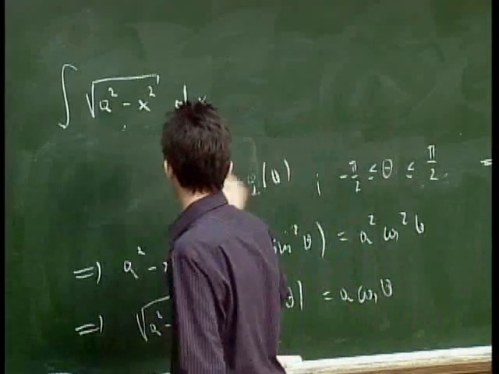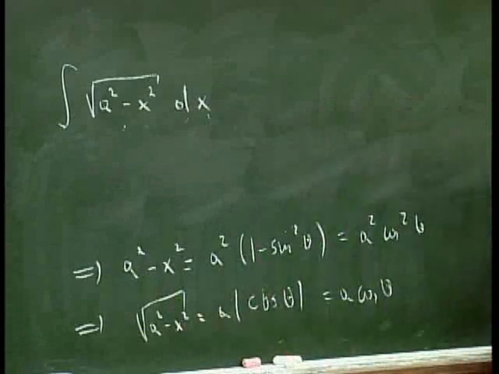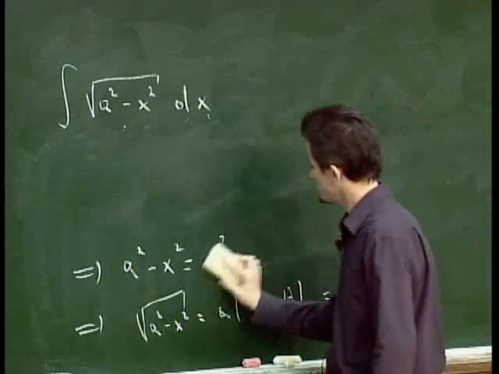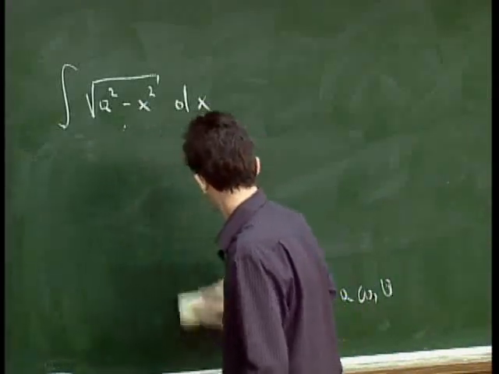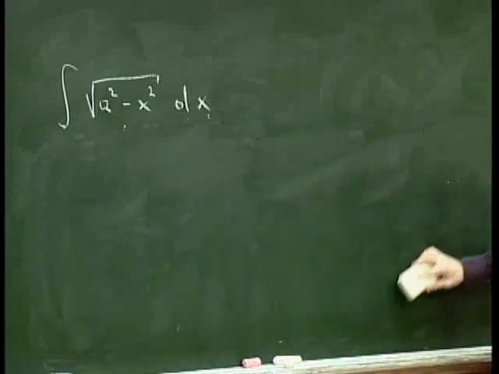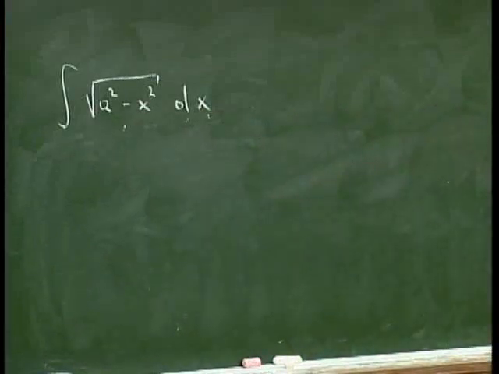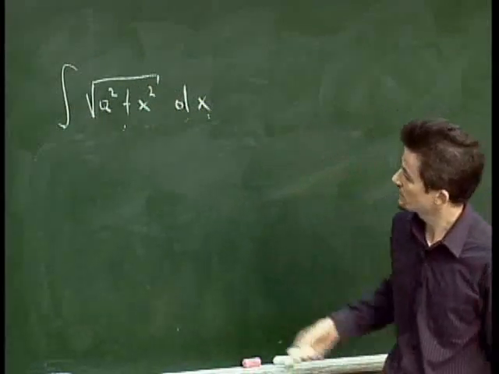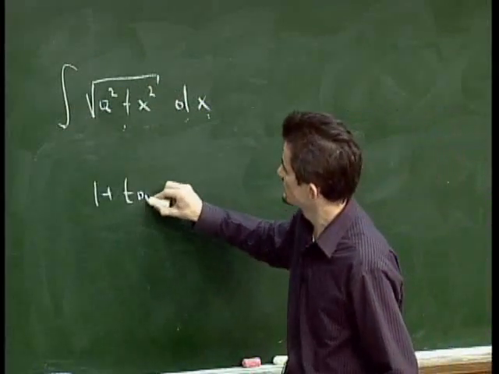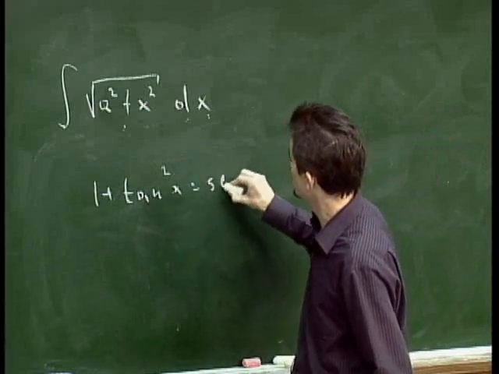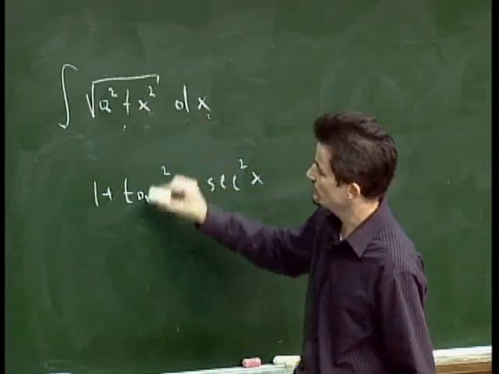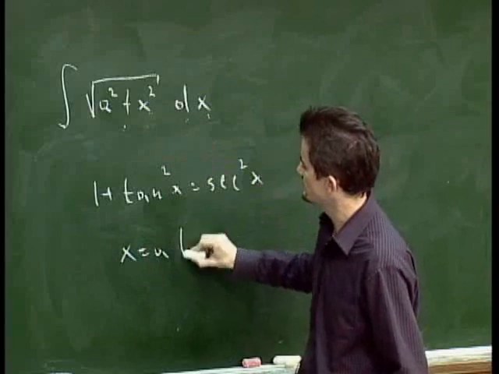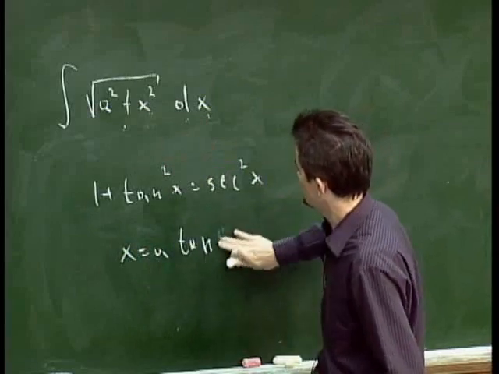Apart from this situation, a couple of other integrals can be handled similarly. For instance, if you replace minus here by plus, then because we just saw that 1 plus the tangent square of x is the secant square of x, in this case you will substitute x equal to a times the tangent of theta.